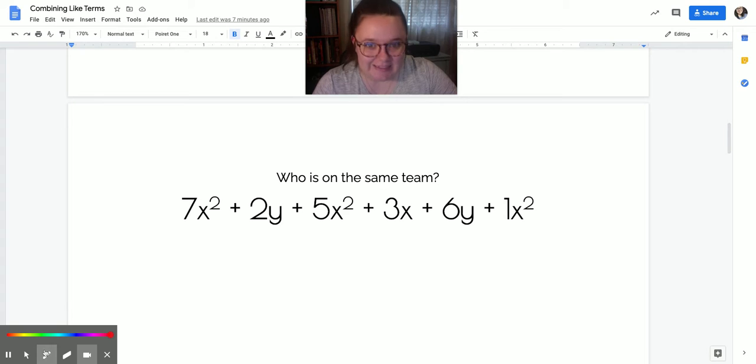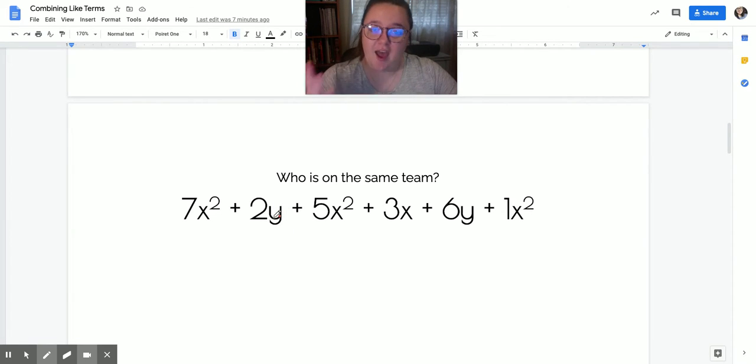Now looking at this expression, who's on the same team? I ask you the same question, right? They don't have jersey numbers on, so you can't just look at the colors. However, I am using different colors to code them. I want to kind of give them a color. So if I look at this first term, this first term is a 7x squared.